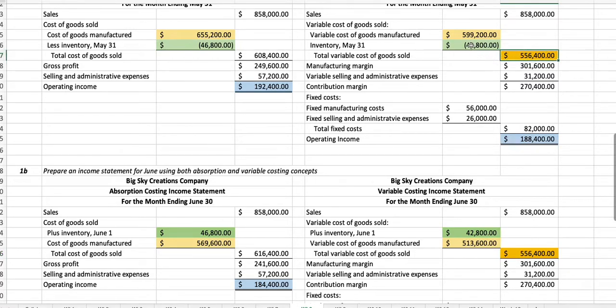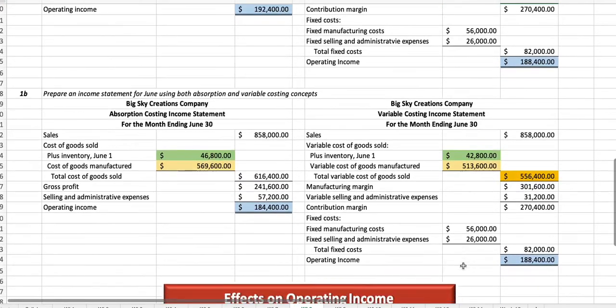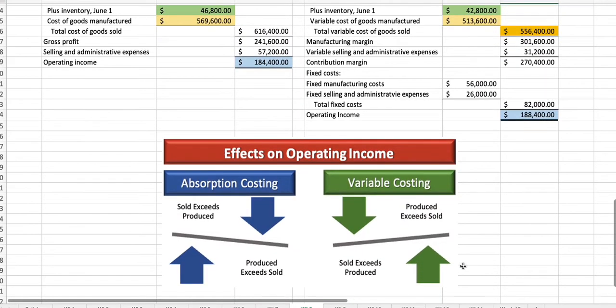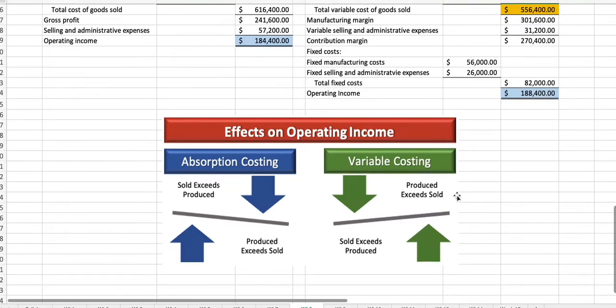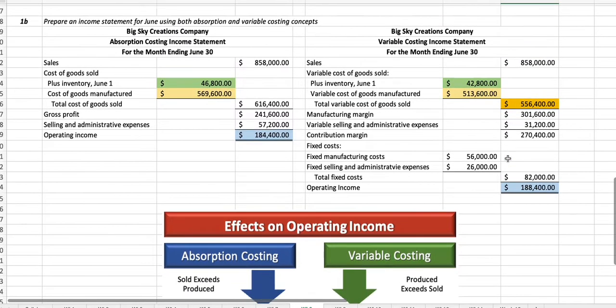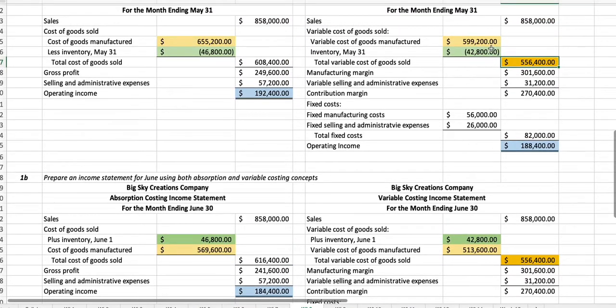And it's because the 4,000 units that we did not sell in May, we ended up selling in June. So while this feels like it does not follow the rule, it does, mainly because the 4,000 units that we did not sell in May were sold in June.